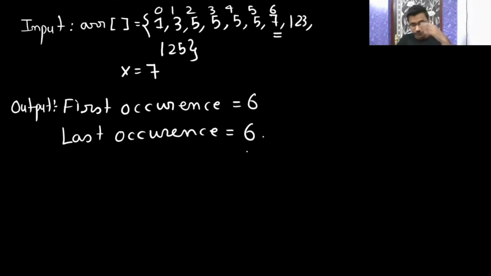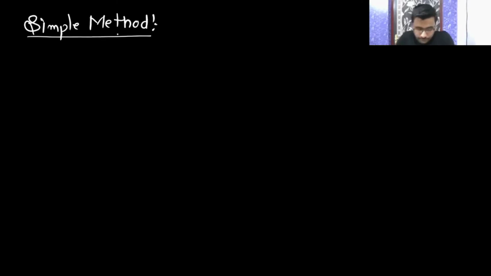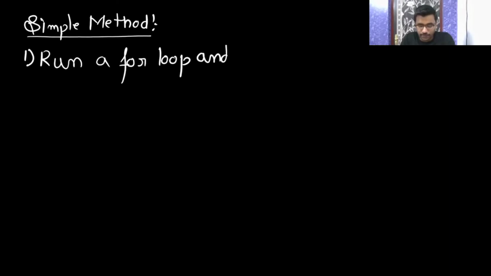Understood. Now first I am going to use linear search, then I will go to binary search. So I am writing the simple approach, or you can say simple method. You can run a for loop for i equal to 0 to n minus 1.